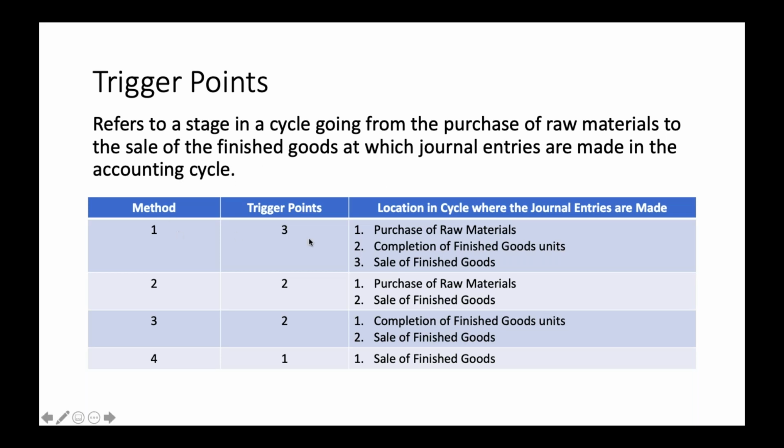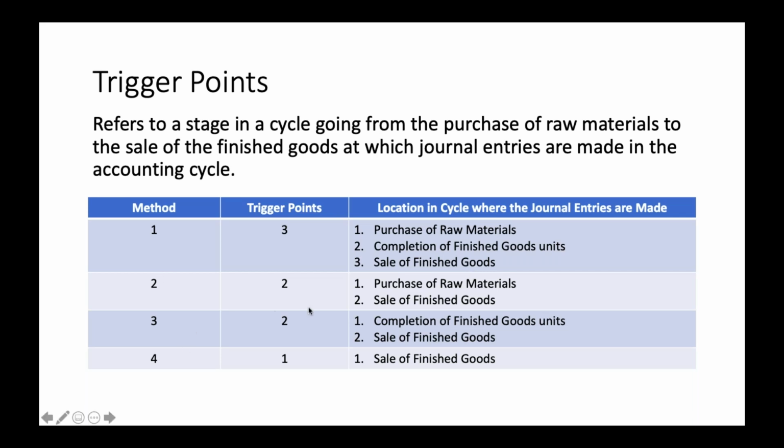So for method one, we have three trigger points: upon purchase of raw materials, upon completion of the finished goods, and upon sale of the finished goods. Upon purchase, we will make a journal entry to account for the inventory of the raw materials. Upon completion, we will make journal entries to account for the inventory of the finished goods. And of course, for the sale of the finished goods, the cost of goods sold.